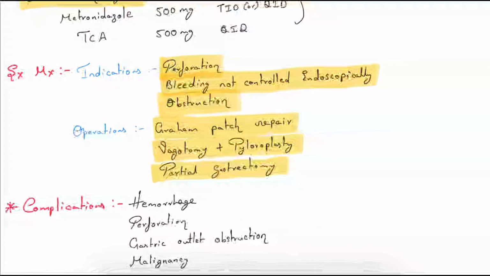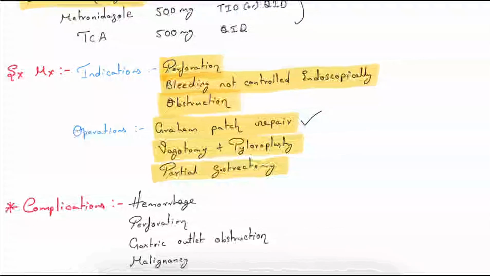So first, whenever a doctor says Graham patch repair, this is the most common surgery we can see in our general surgery department. So how is this Graham patch repair done?